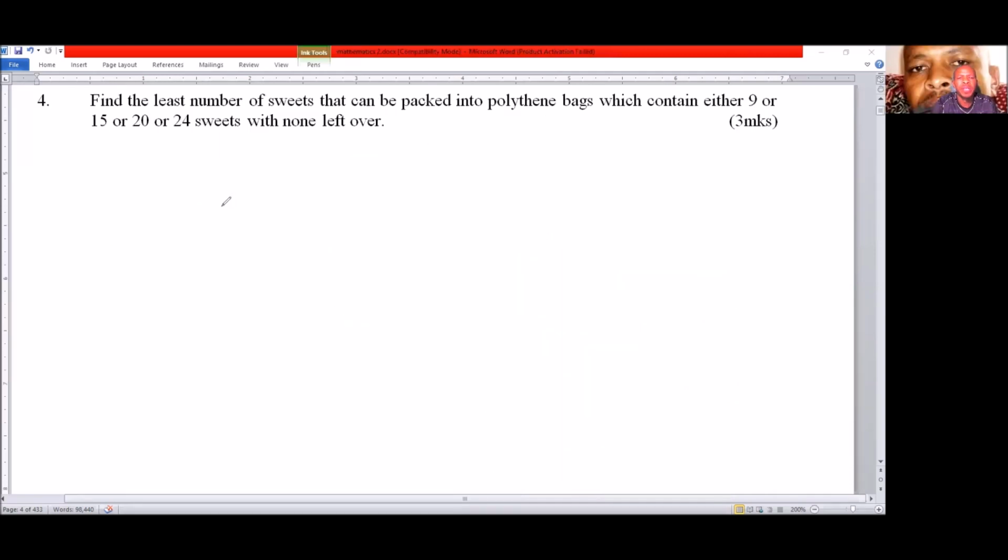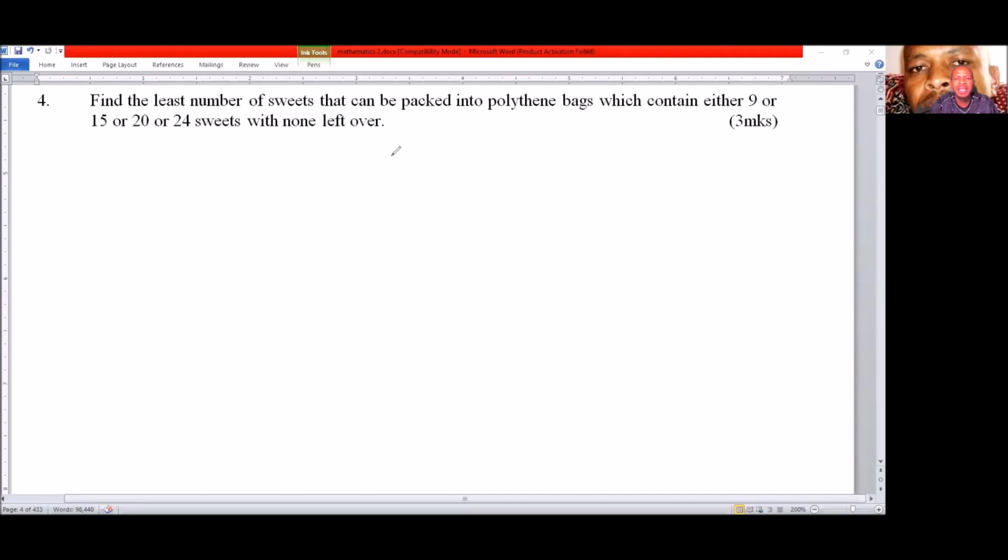And then fourth question, find the least number of sweets that can be put into a polythene bag which contains either 9 or 15 or 20 or 24 sweets with none left over.